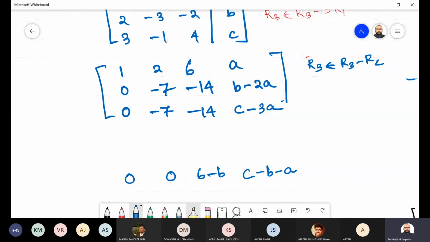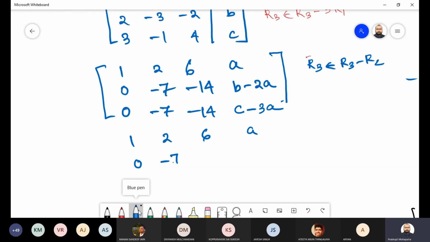If you are doing like this, then you are going to have 1 2 6 A, then 0 minus 7 minus 14, B minus 2A, then 0 minus 0 is 0, 0 minus 0 is 0, then you have minus 7 0, minus 14 0, then C minus 3A minus B, so C minus A minus B.